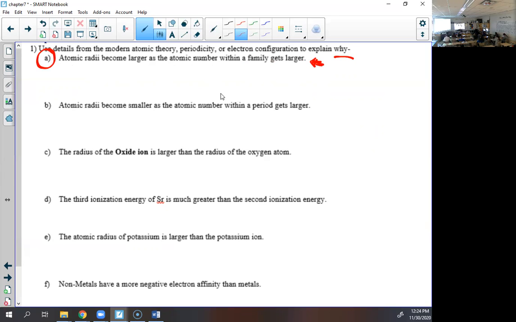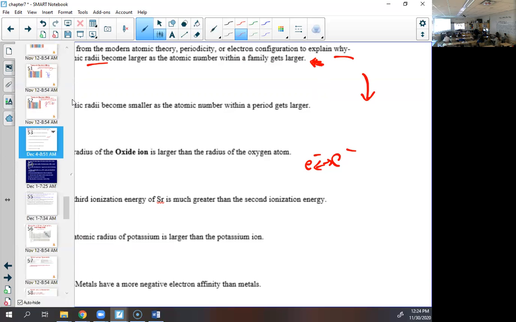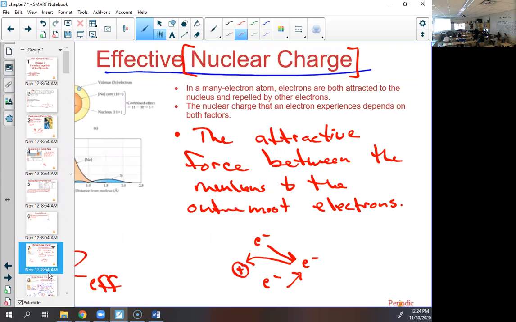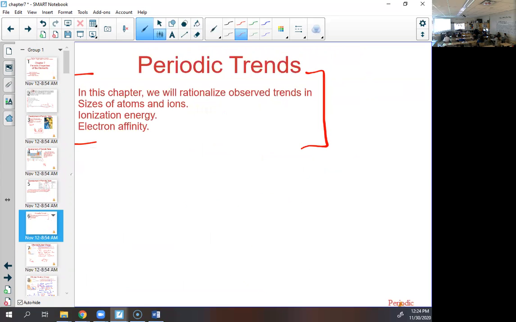It's like, I know that, but why? So you'd have to explain. They become larger as you go down because you're adding more principal energy levels and electron repulsion. So you'll learn why, but that's the style of question you're going to be asked. So think about that as we talk about these trends, be able to answer why.